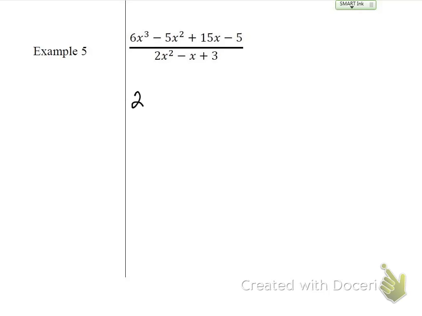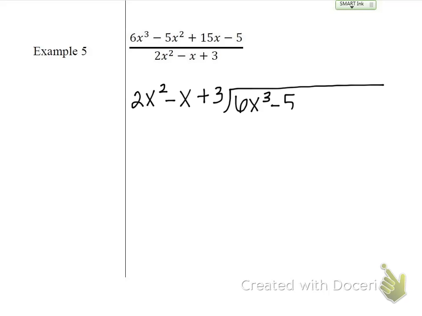So that's going to be 2x squared minus x plus 3. Do we have any missing terms there? No. And then we have 6x to the third minus 5x squared plus 15x minus 5. Any missing terms there? No. Okay. I'm going to let you guys try this on your own, see how far you can get, and then we'll finish it up before class is over.